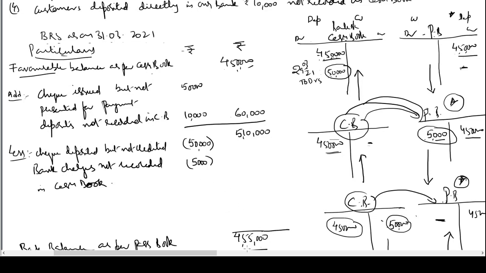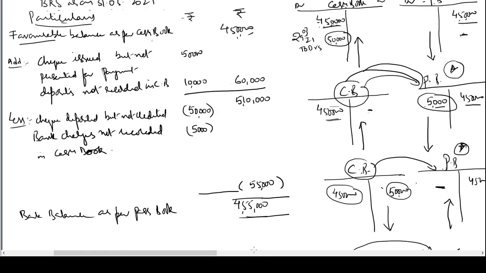I'll total them and write them here. The total of the less items is 50,000 plus 5,000, which is 55,000. So 5,10,000 minus 55,000 should be 4,55,000. 10,000 minus 5,000 is 5,000 and 5 lakh minus 50,000 is 4,50,000. So we have arrived at the bank balance as per the passbook, 4,55,000.